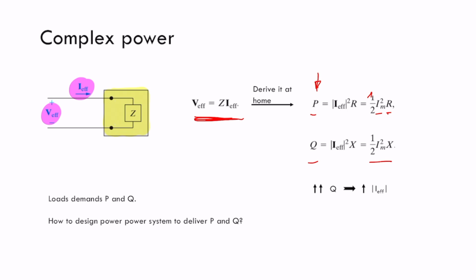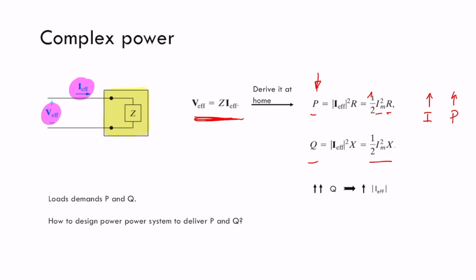So what does that mean? You probably know that if you have very high currents in a line which is not ideal, so it has some losses, you will have high losses, or high power lost in these resistive elements.